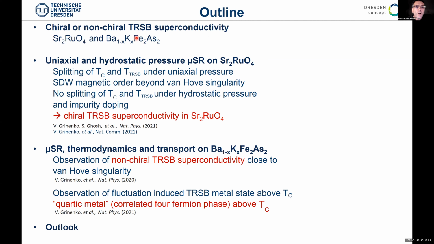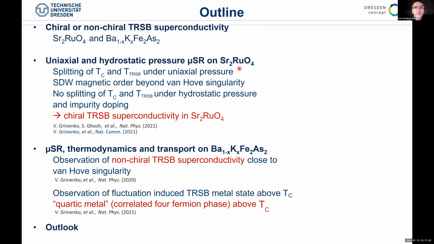These are more or less a little bit more conventional time reversal symmetry breaking superconductors I want to talk about. And mainly, the purpose is that I want to differentiate experimentally between chiral and non-chiral two-component time reversal symmetry breaking order.